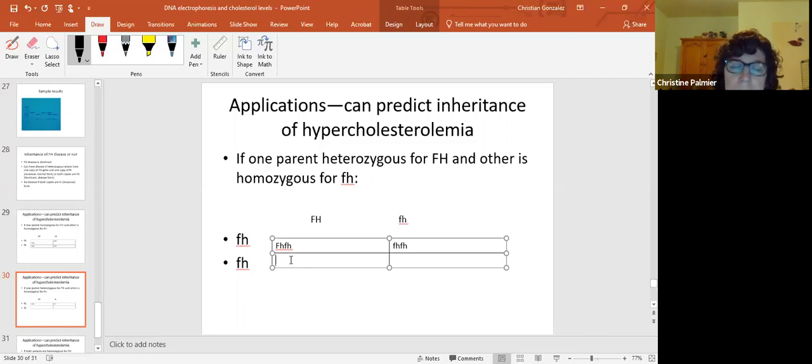This individual is big FH, little fh, so high cholesterol, but heterozygous, like the top one above it. And this one is the same as the square above it. It's homozygous recessive, or has normal cholesterol. So in this case, it's 50% to have high cholesterol, but they're heterozygotes, and 50% to have normal cholesterol.